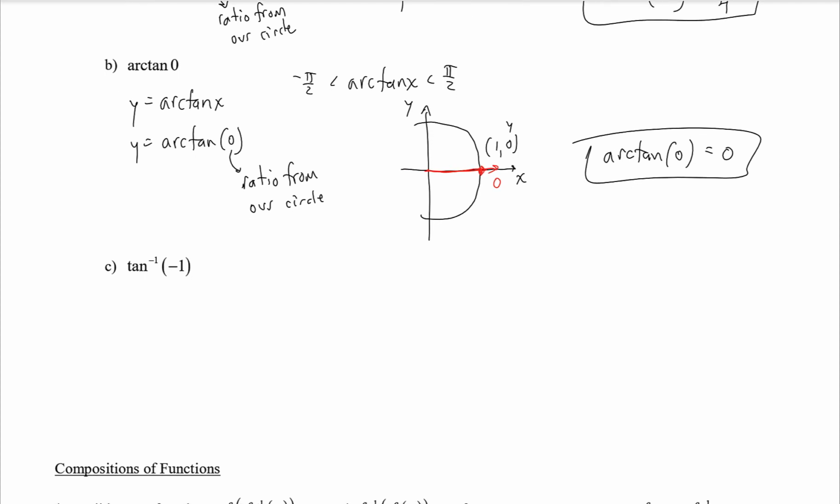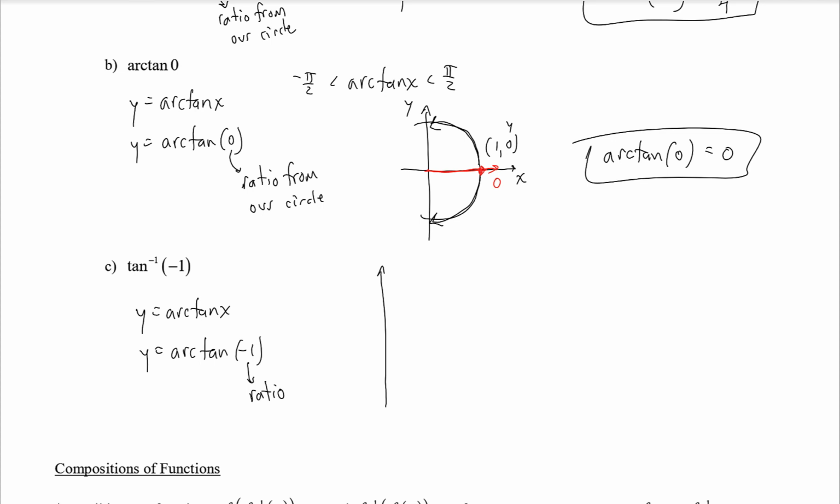Let's do another tangent one. So what if I had inverse tangent of x, and I wanted to evaluate that at -1. So again, this is the ratio, and I've got to be between negative pi over 2 and pi over 2, so I can come down here to get an answer, or I could come up here and get an answer. But I want -1, so I can't do that in quadrant 1.